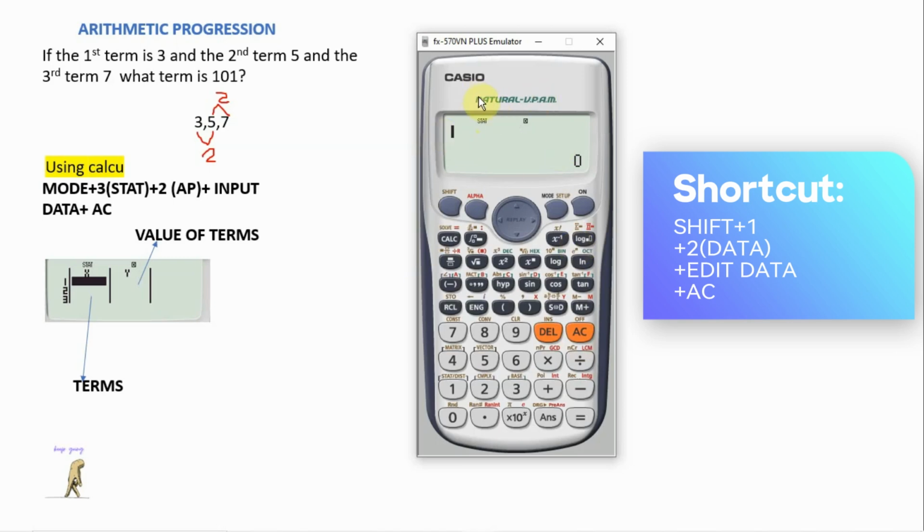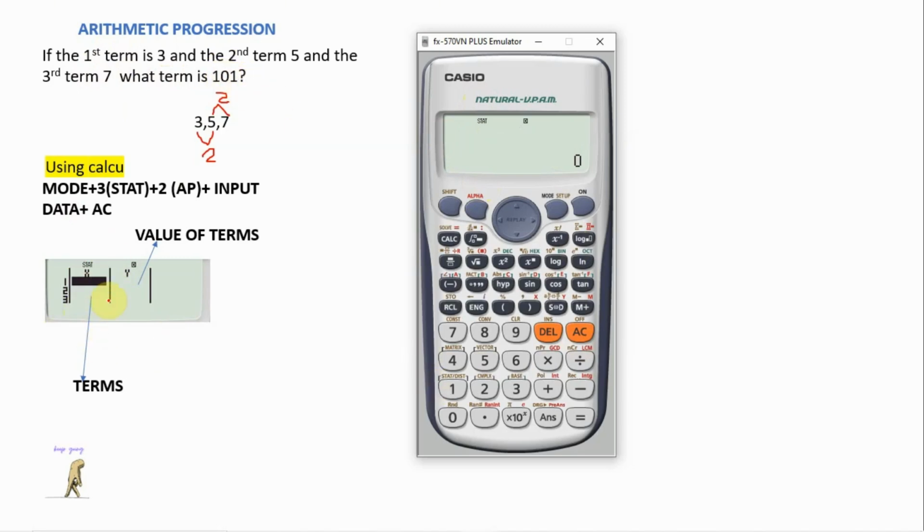Then after AC, we are finding the term of this 101. And we know the term here is x. So what we're gonna do is put in our 101 and get our x. How can we do that?